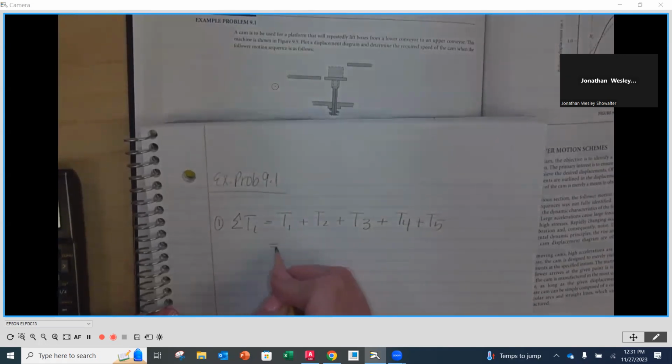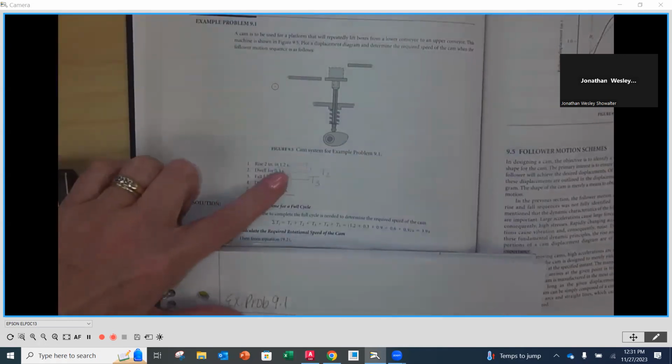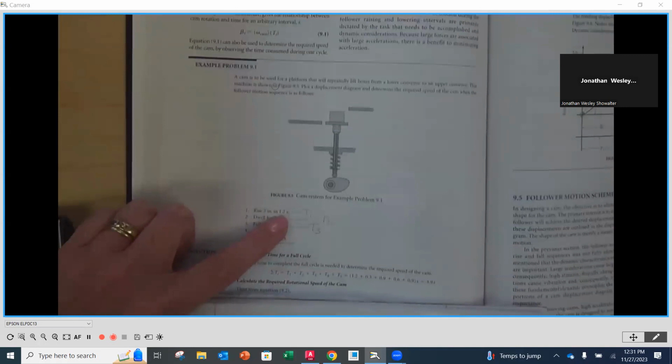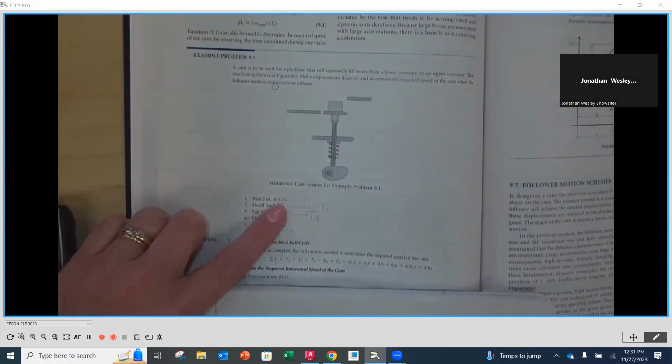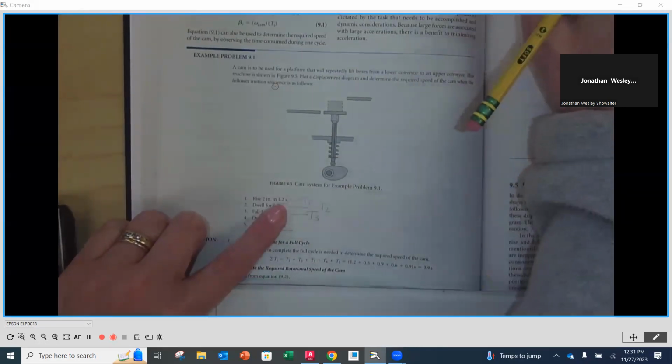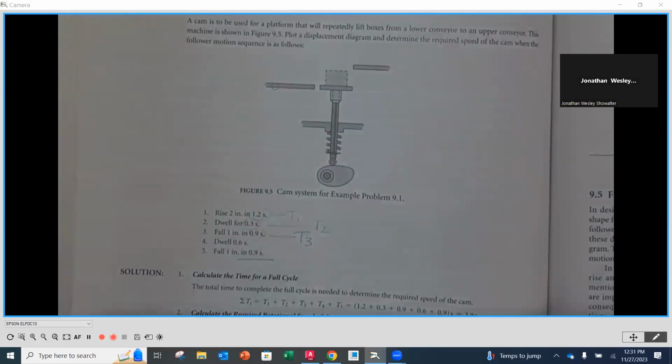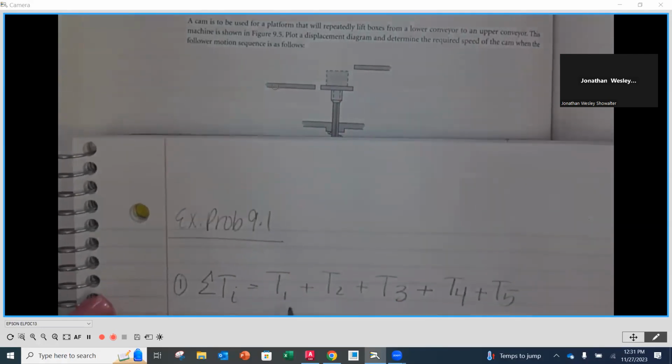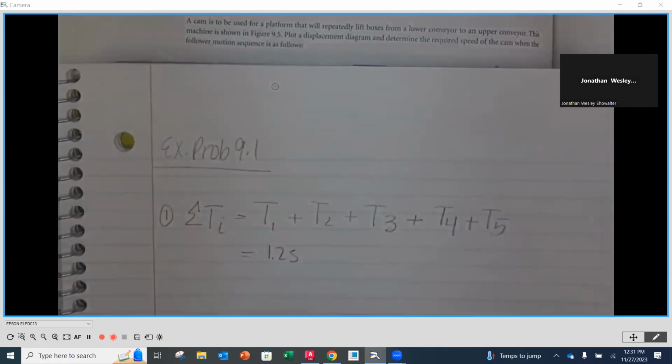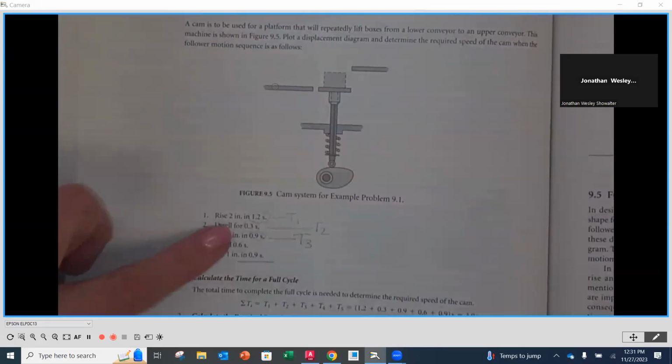So to do that, now we're going to put our values in, and we use the values from the prescribed motion that's given here. For the first rise of 2 inches, it says in our problem that's going to take 1.2 seconds. So directly below T1, we're going to put 1.2 seconds. Plus the next one, 0.3, even though that's a dwell, that's part of our rotation.